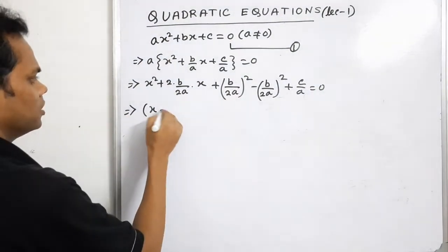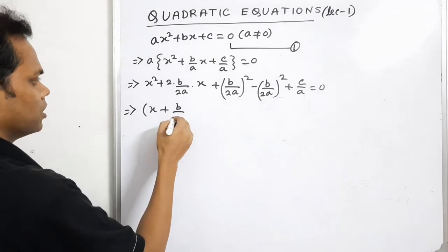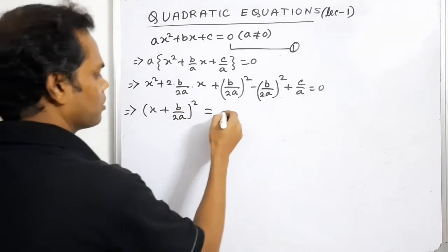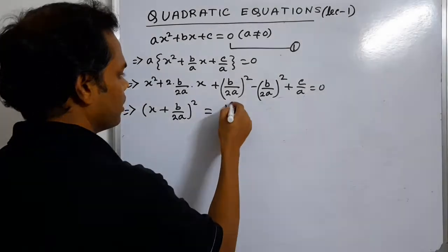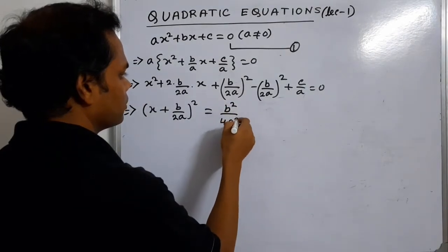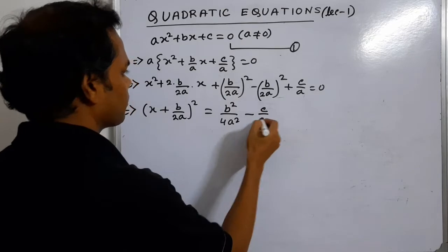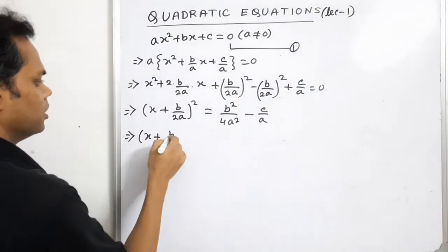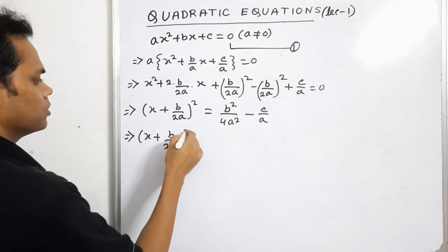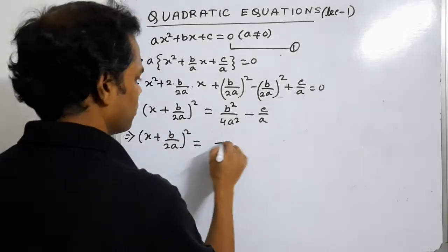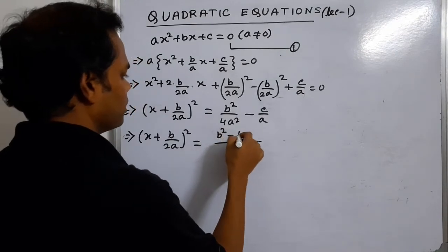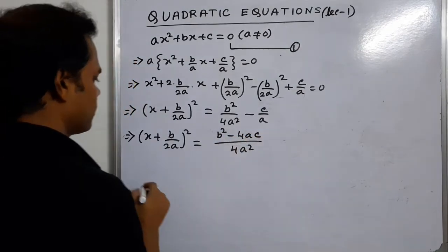The first three terms form a perfect square, so x plus b by 2a whole square is equal to b square by 4a square minus c by a. So x plus b by 2a whole square equals, here the LCM is 4a square, b square minus 4ac by 4a square.